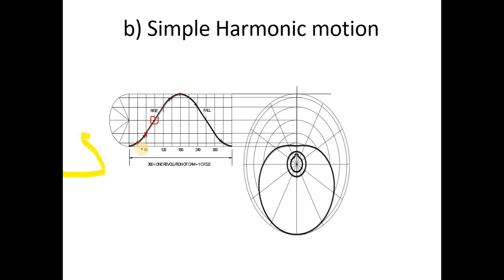Draw the vertical lines from this rise and fall for the entire one revolution. The horizontal and vertical lines will intersect at one point. So draw the curve passing through these points, and that completes the motion of the follower, what we call simple harmonic motion.